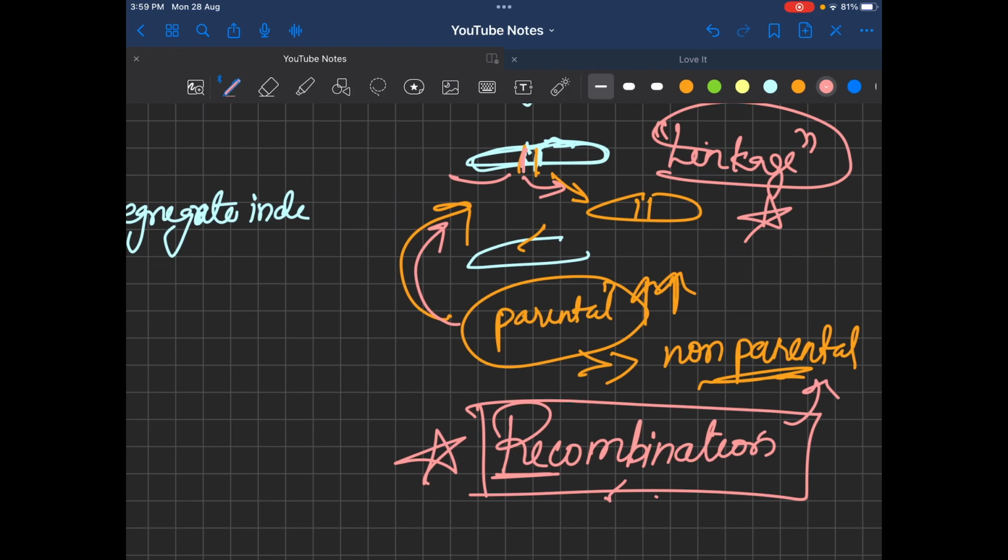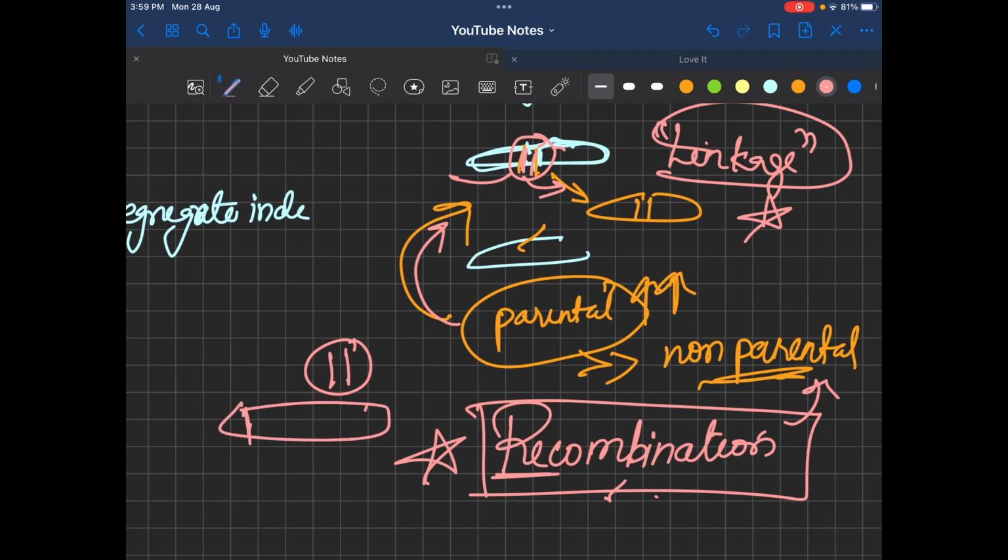Morgan and his group also found that when genes were grouped on the same chromosomes, some genes were very tightly linked, showing very low recombination. When they are together they are very close, right? So they don't show much recombination, okay? While others are loosely linked.